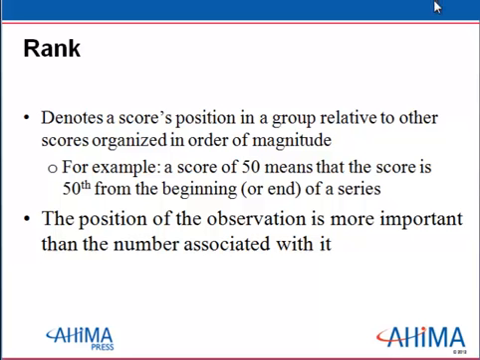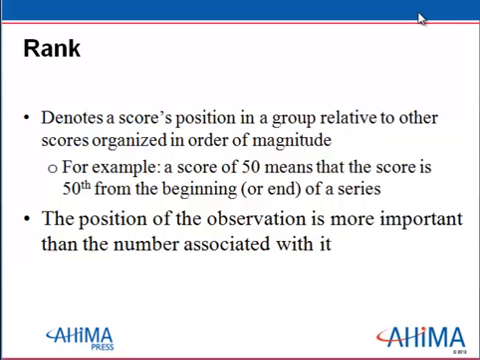Rank denotes a value's position in a group relative to other values organized in order of magnitude. For example, a rank of 50 means that a value or score is 50th from the beginning or from the end of a series.